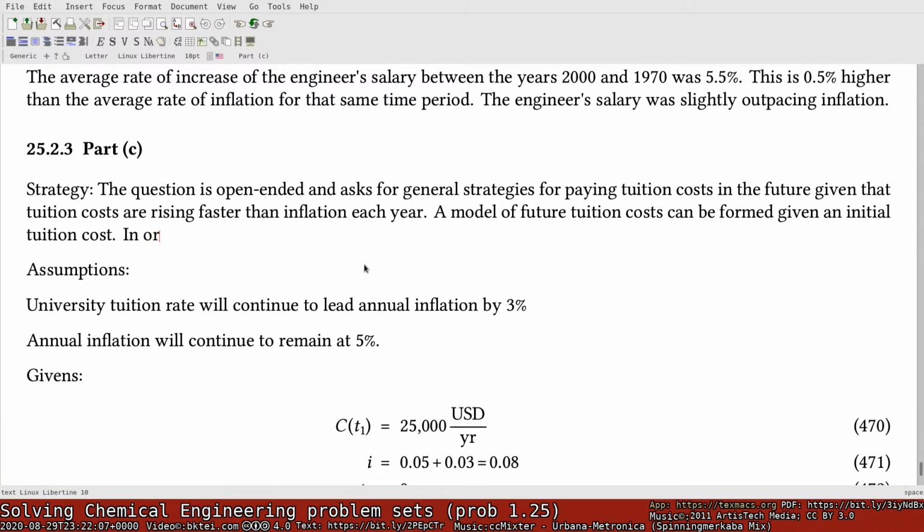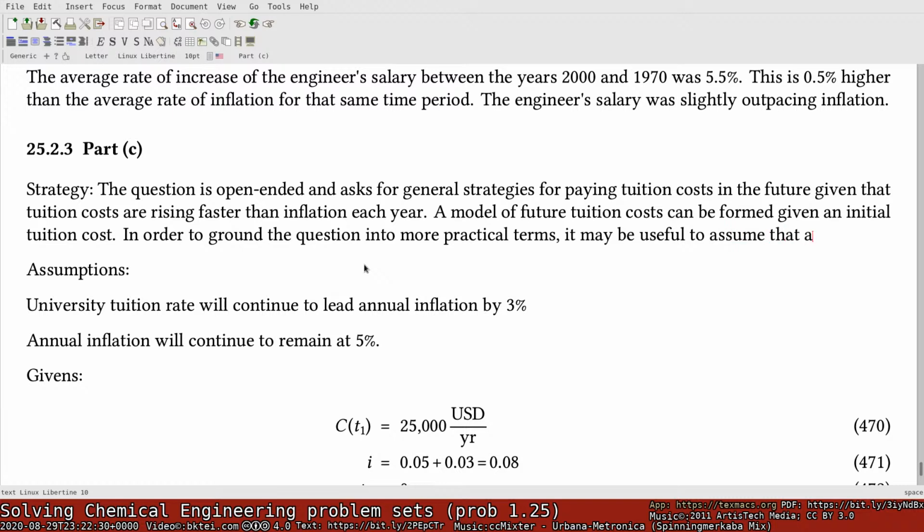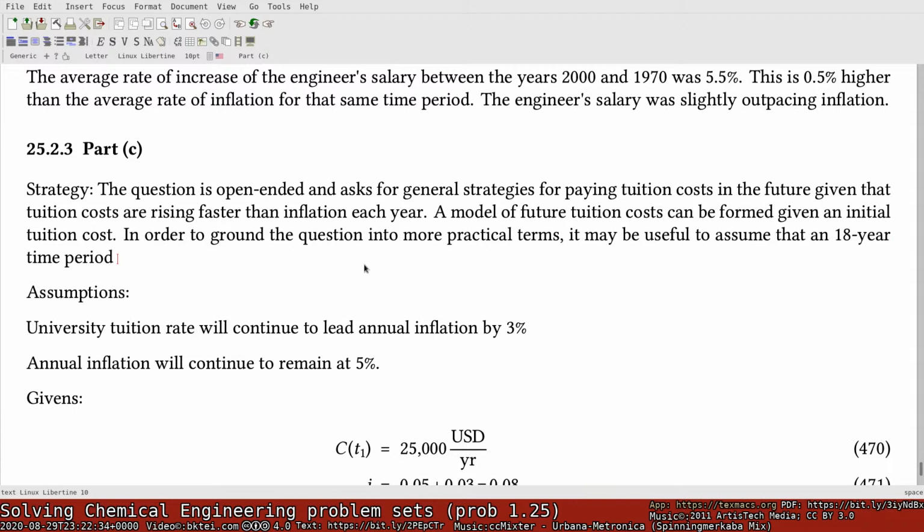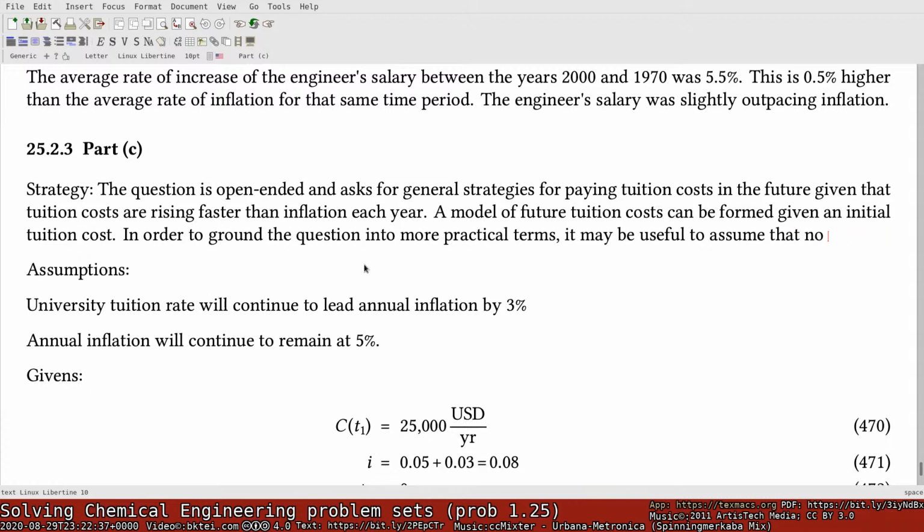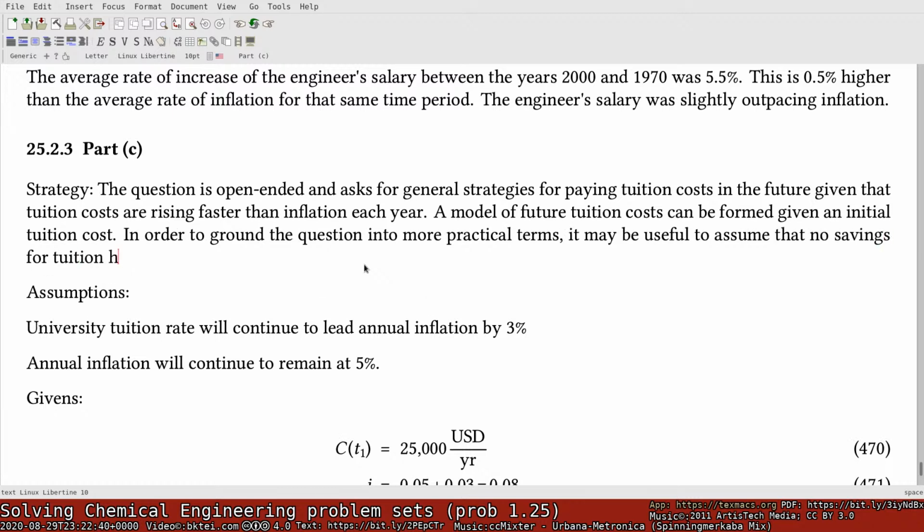In order to ground the question into more practical terms, it may be useful to assume an 18-year time period, that no savings for the person's tuition have been made, and that the person has yet to be born.